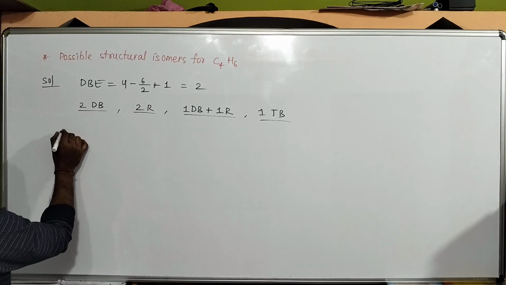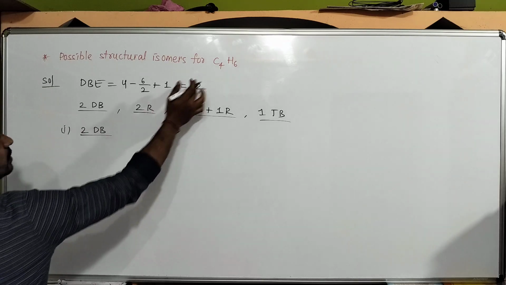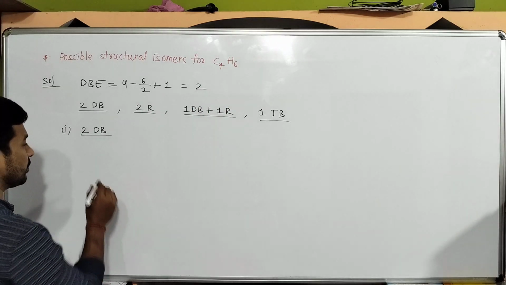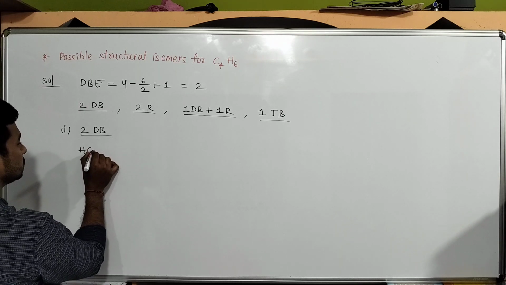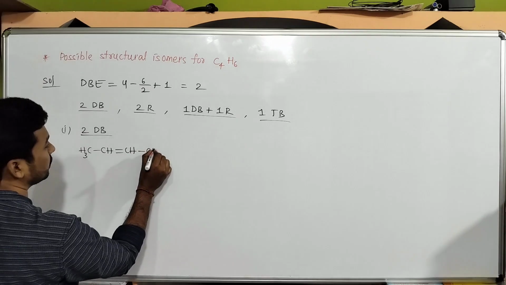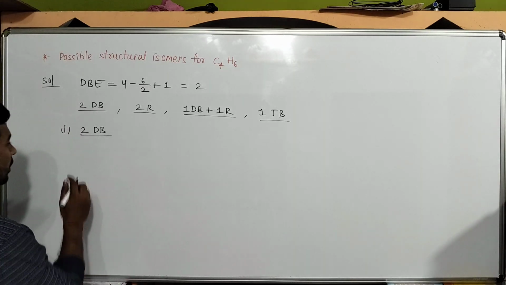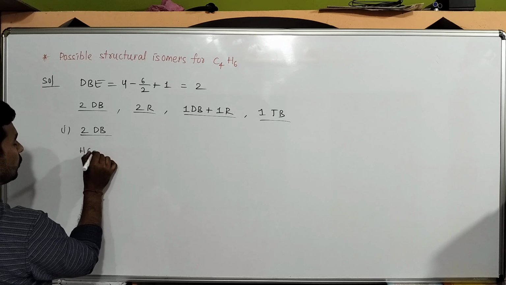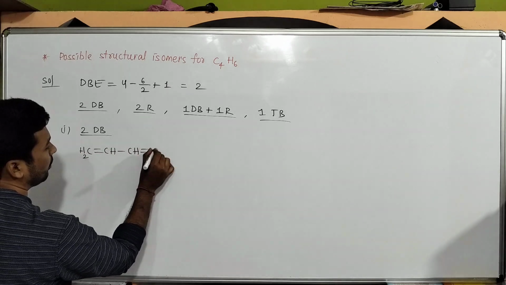Thus first, for 2 double bonds, molecular formula C4H6, 2 double bonds are possible. One is CH2 double bond, CH single bond, CH double bond, CH2.